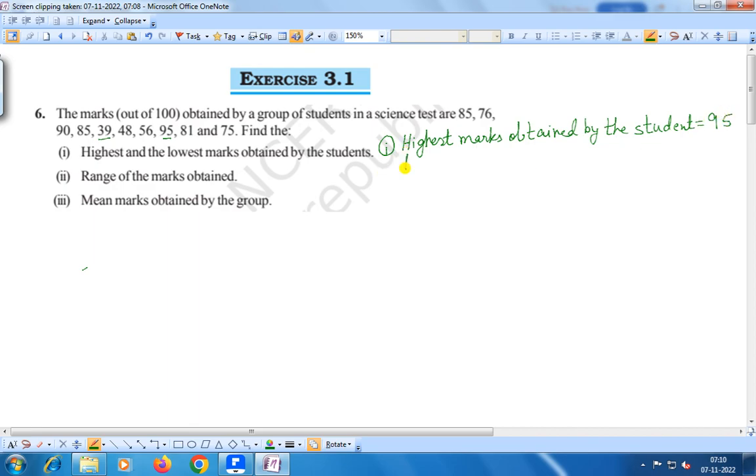And lowest marks obtained by the student is equal to, here you see the lowest mark is 39, therefore the lowest marks is 39, right? This is 39.